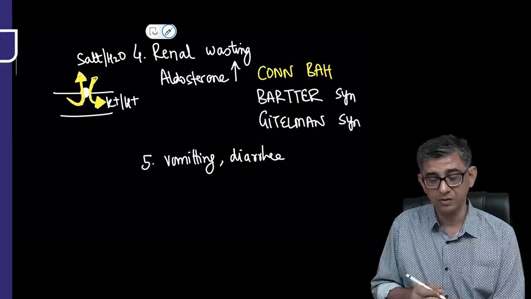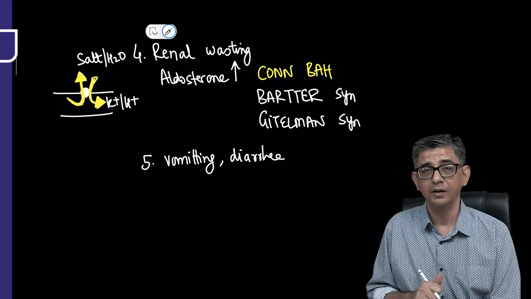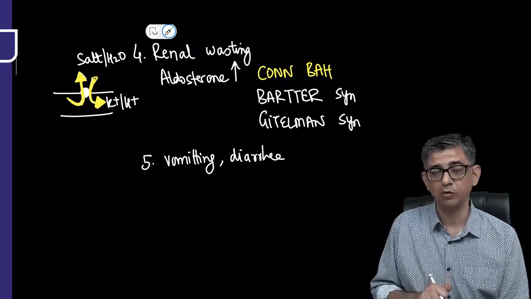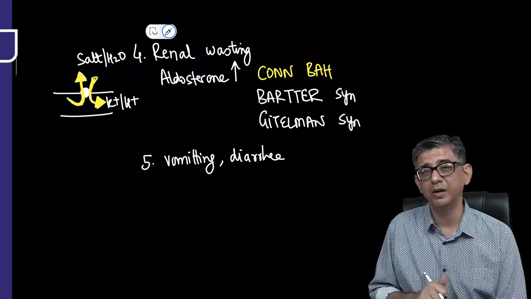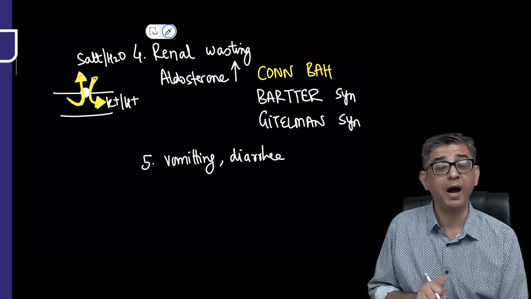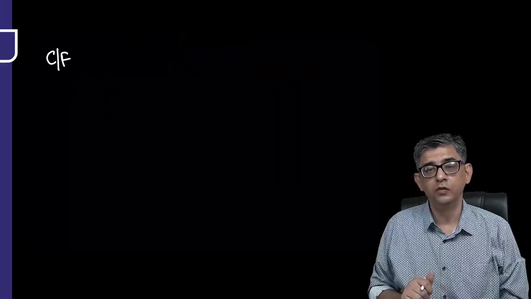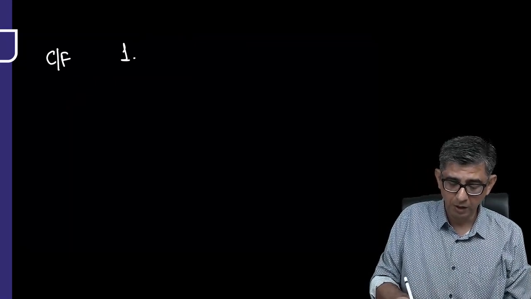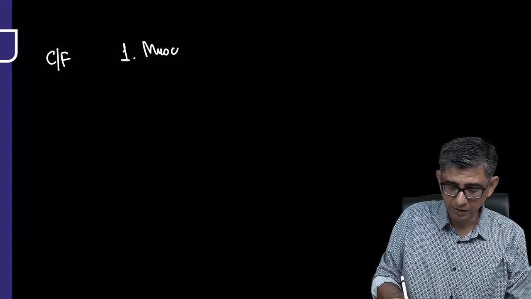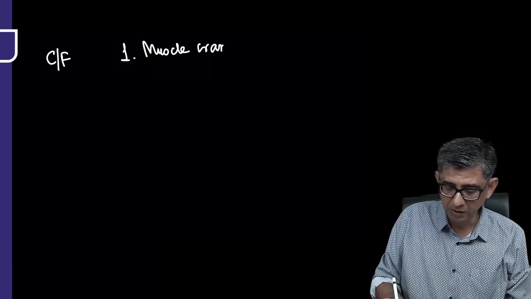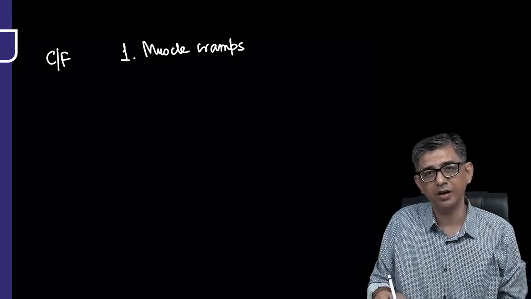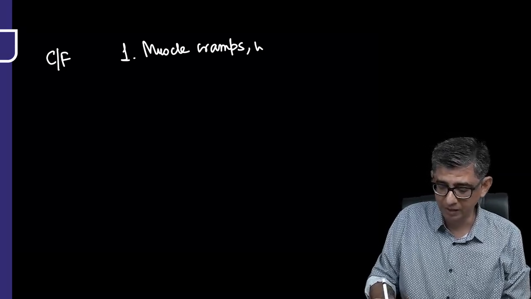Once you get the causes right, we'll next focus on the way we diagnose these cases, what the ECG findings would be, what correction is given to these patients, and what the magnitude of correction would be. The earliest symptom experienced in hypokalemia patients would be muscle cramps. And if you have ever experienced diarrhea in your life, then you can understand how bad this can be.